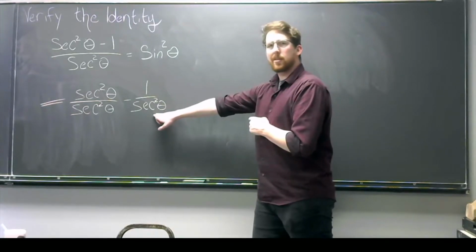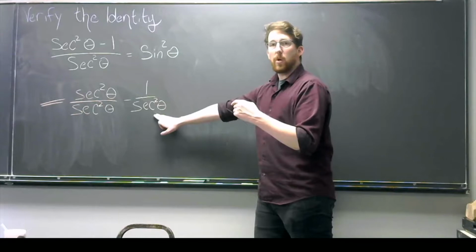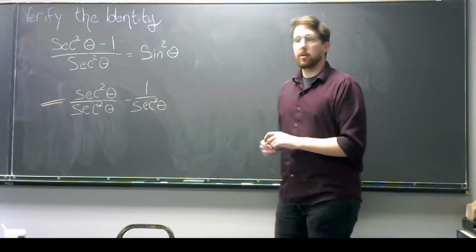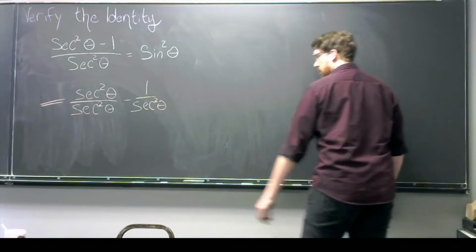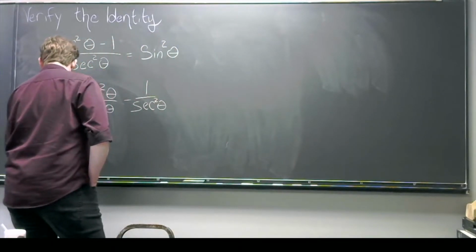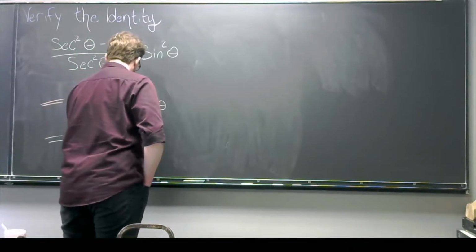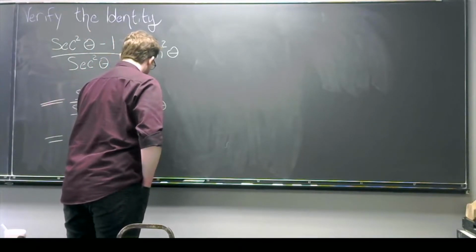Well, this first part is going to reduce to 1. And secant is 1 over cosine. So 1 over secant squared is going to be cosine squared. So what we've got now is 1 minus cosine squared theta.